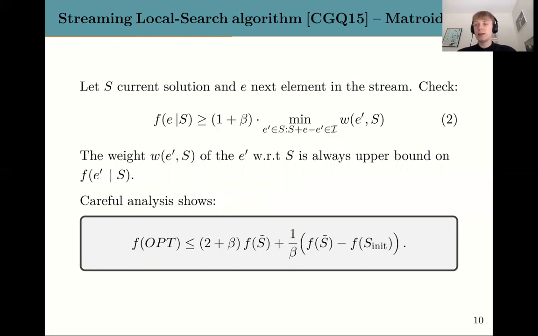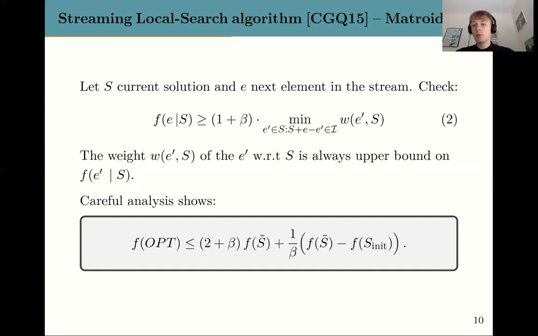Basically, an element arrives, and you check whether it is valuable enough that adding it to your current solution yields some improvement. In the Matroid setting, you would check whether the marginal contribution of your element E with respect to S is worth 1 plus beta times the sum over elements in your current solution. Those are the elements that you would remove, so you want to maintain feasibility.